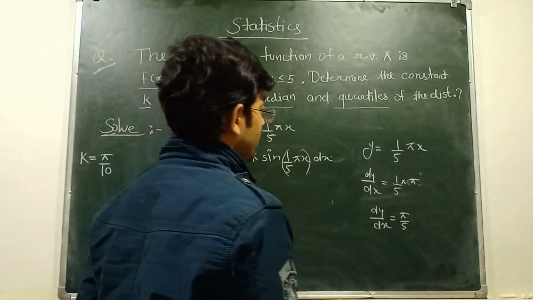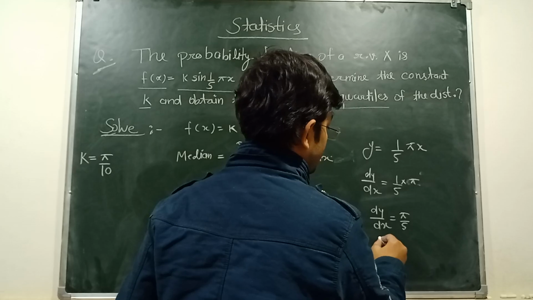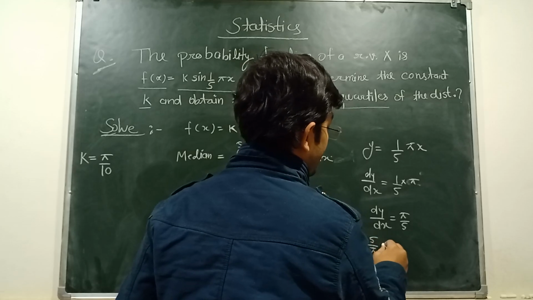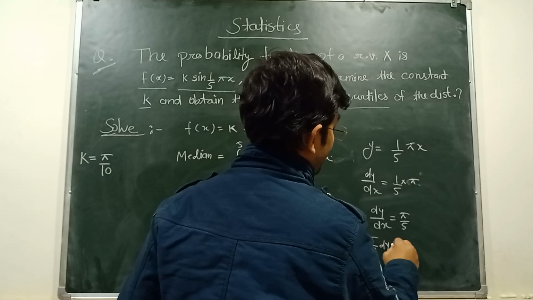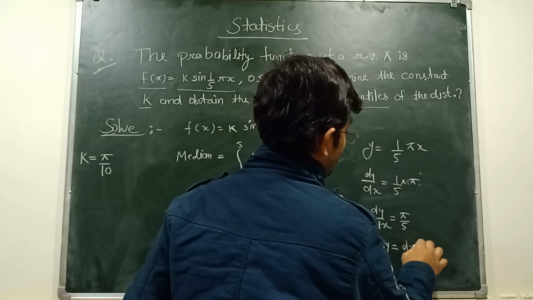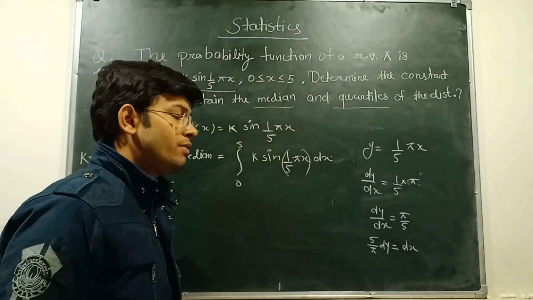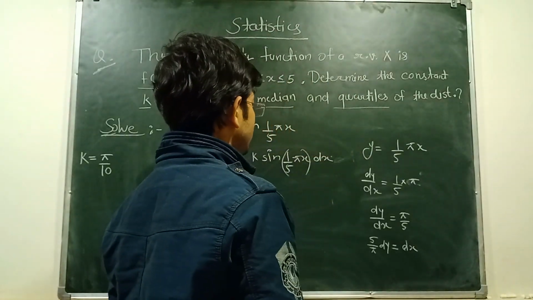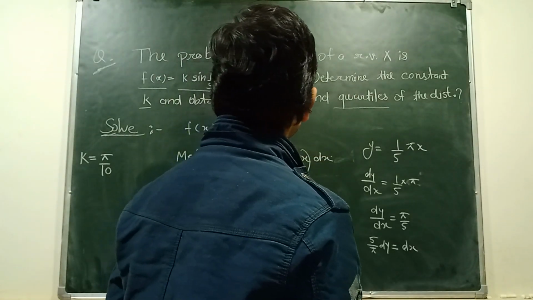Now the value of dx is equal to 5 upon pi dy. So the value of dx is equal to 5 upon pi dy. Now the term of limits.